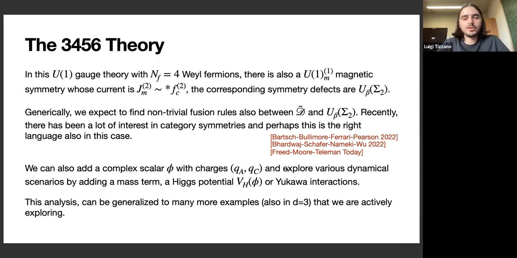And then, for example, add a mass term to the complex scalar and flow to the free theory, and then try to match the non-invertible structure there, or add a Higgs potential and completely Higgs down the gauge field, either to nothing or to some discrete TQFT, and then describe this new symmetry structure there.